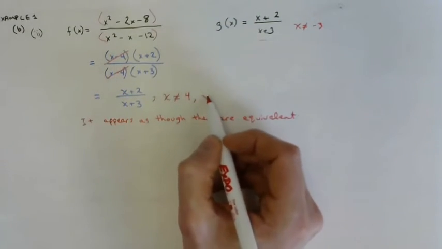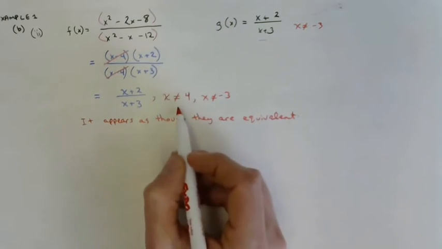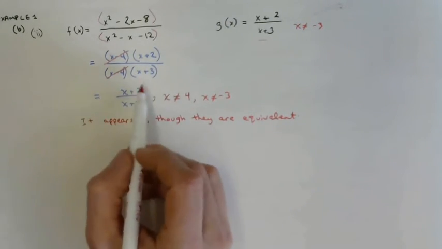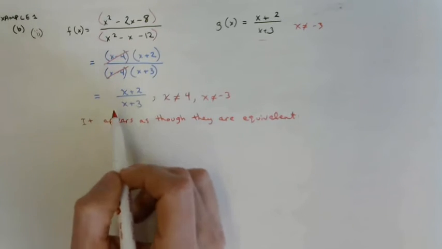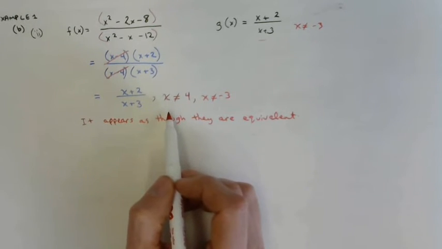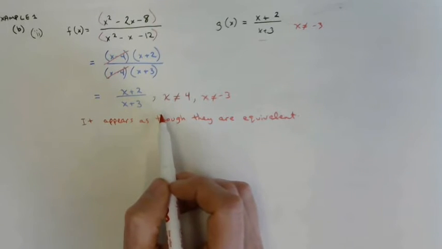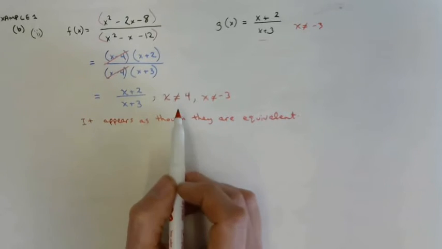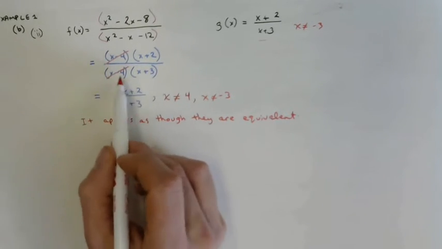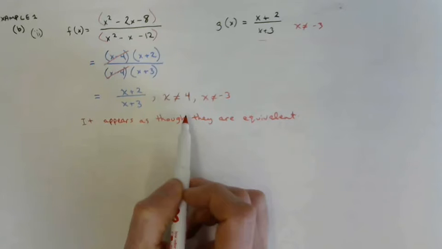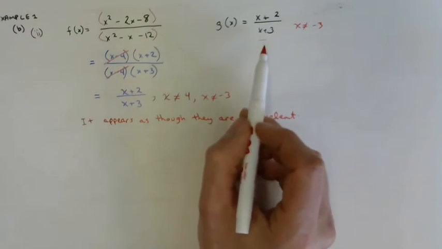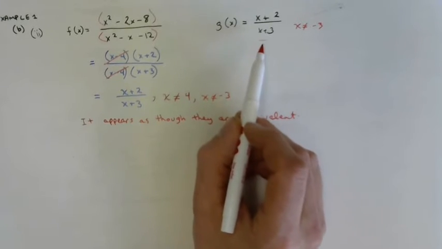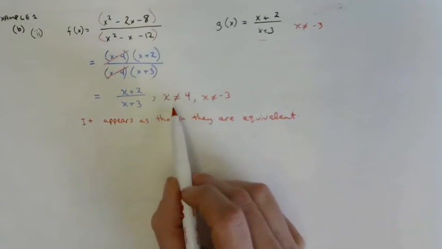Well, here, x can't be -3, but it also can't be +4 because +4 is in the denominator of the original. So we're going to be finding what's called restrictions. Those are values of the domain that do not exist, that the function is not defined at. What happens a lot of the time is they get canceled out, but we still need to track them down to the bottom, because this function, f of x, is not the same as g of x. Might look the same, but this one has a hole at x equals 4.